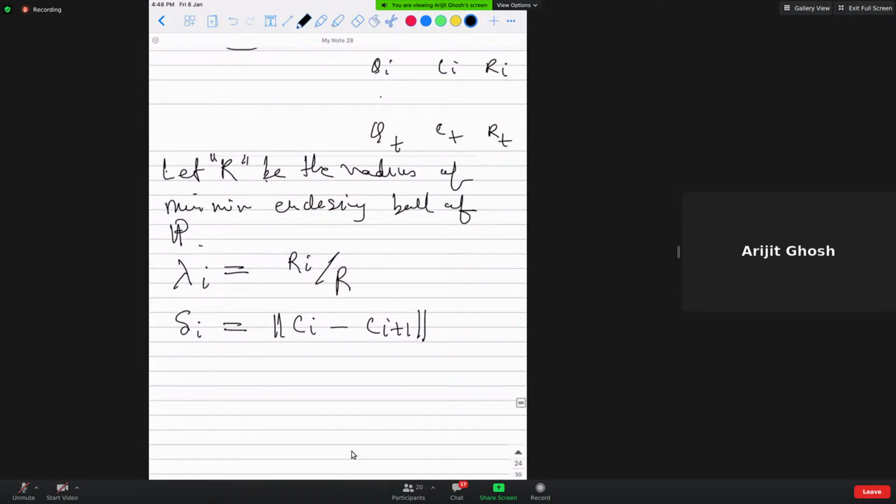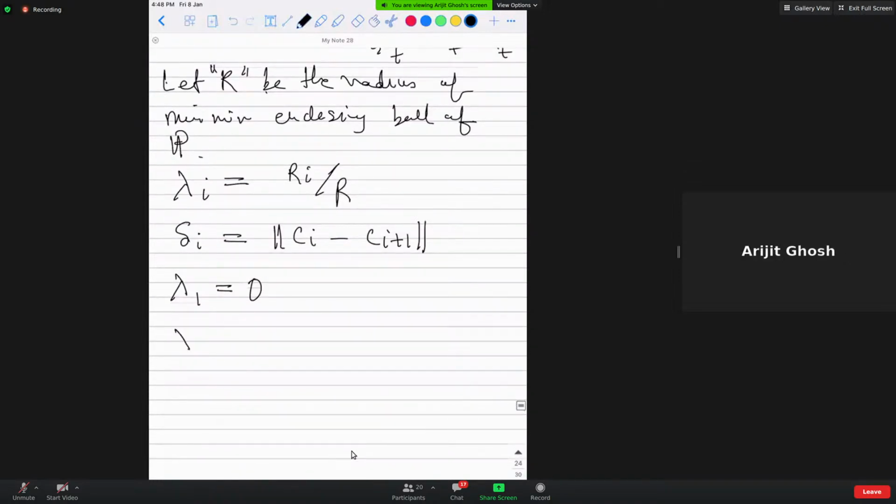So what is delta 1's value? Lambda 1's value in the first step? Can anyone tell me? So 0. What we will basically be showing is lambda t will become 1 plus epsilon at the tth step.